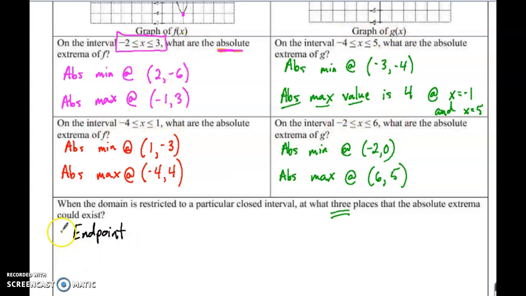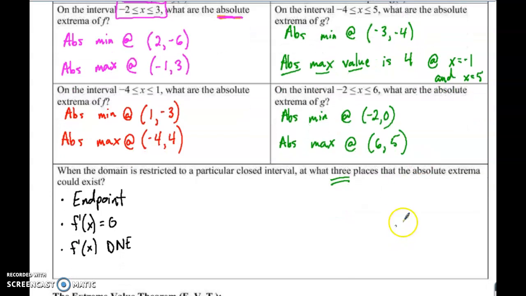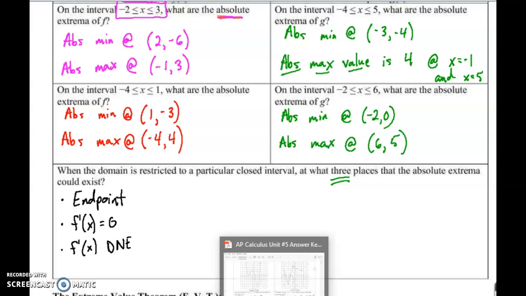It could happen where that derivative, where we had a horizontal tangent. So let me just write where f prime, because f or g, doesn't matter, is equal to 0, or f prime does not exist. Like in the case in G over here, we had sharp turns. So let me just switch back to the answer key.